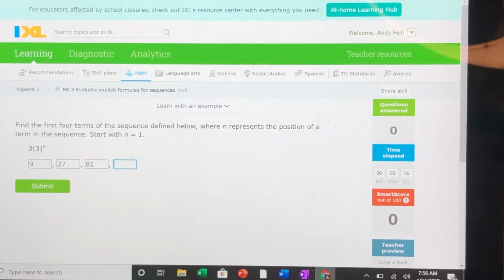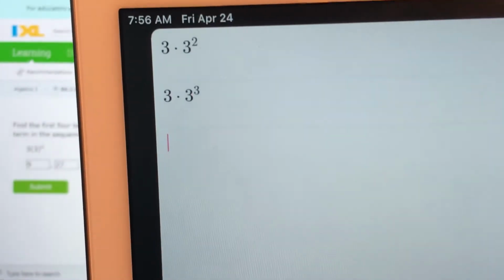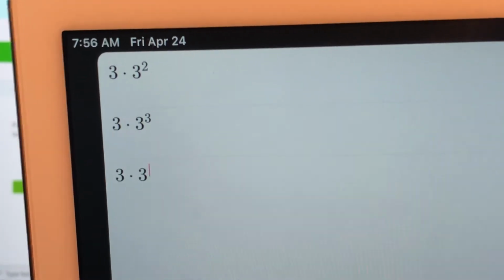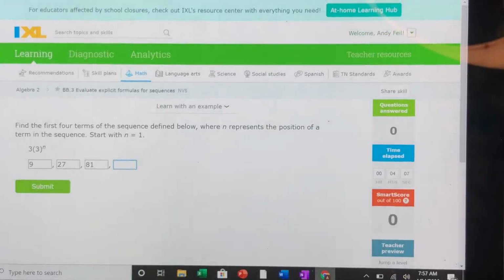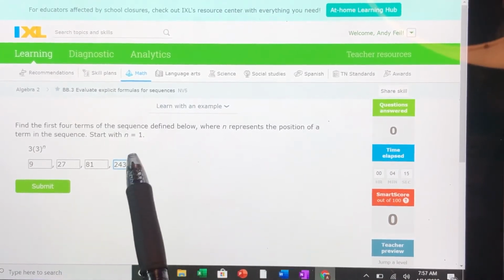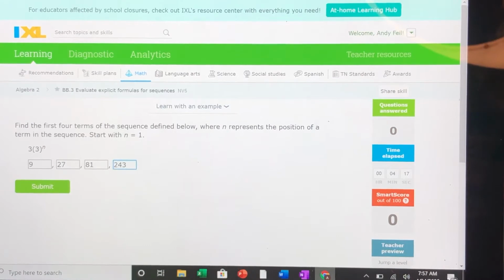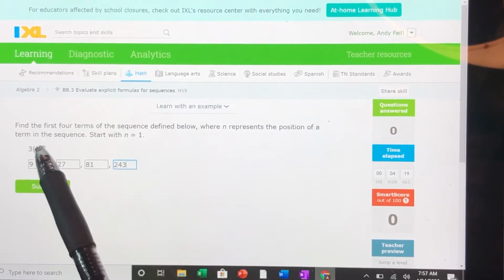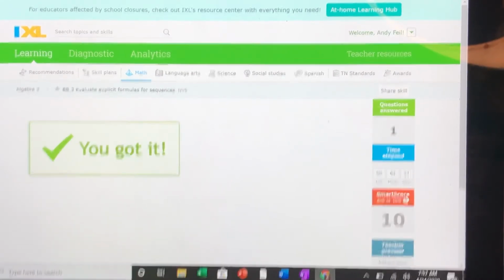And for the last one, we're going to do 3 times 3 to the fourth power. 3 times 3 raised to the fourth power, and we get 243. So you can see on each one of these, they're going to ask you to find the terms of a sequence, and you start with whatever number they tell you to start with, and you just plug them into the expression that they give you.